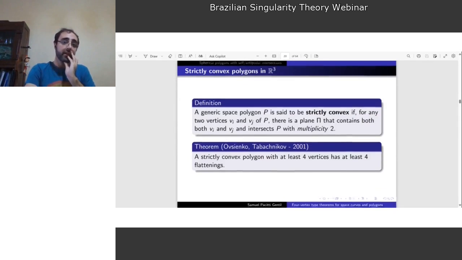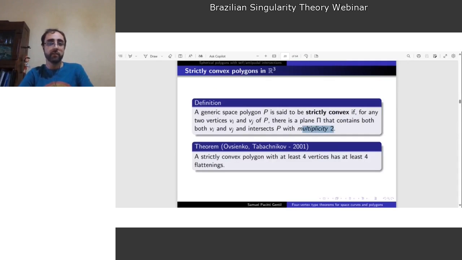Okay, another notion of convexity for polygons is the discrete version of the theorem by Martin Barner. We say that a generic space polygon P is strictly convex if for any two vertices of the polygon there is a plane that contains both these vertices and intersects P with multiplicity 2.